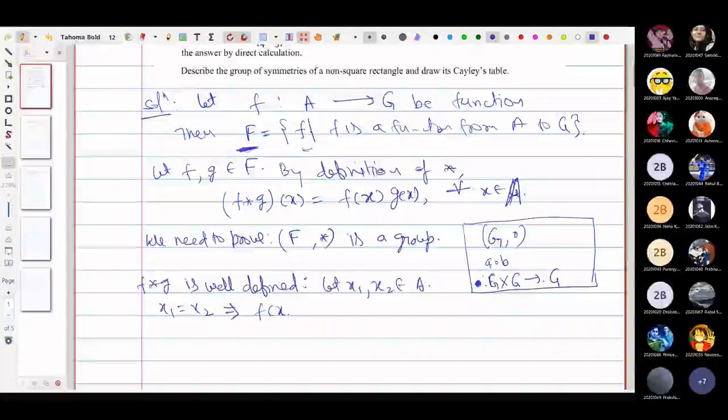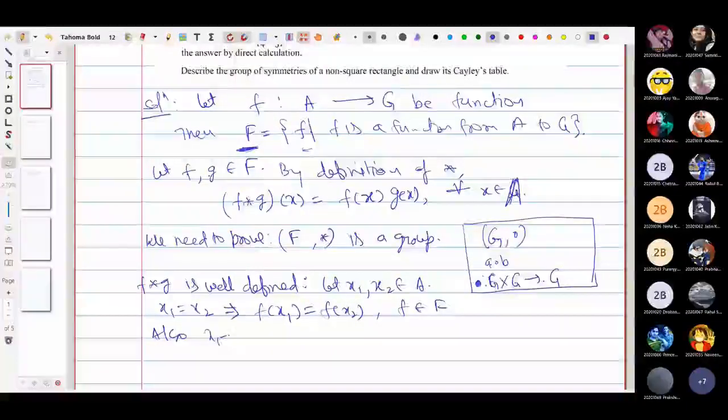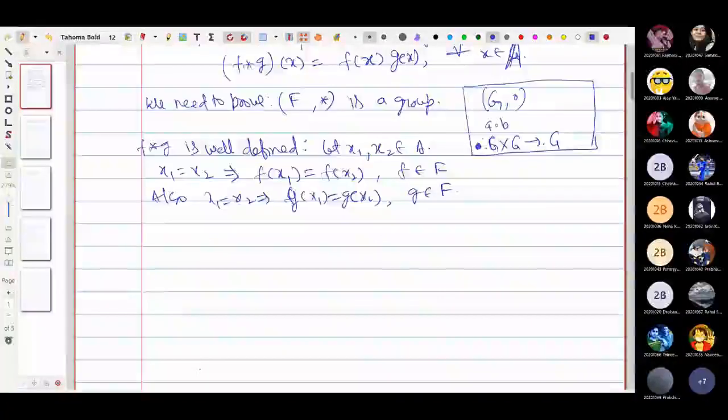So f(x1) equals f(x2). And also here we can write that f belongs to capital F. Also x1 equals x2 would imply that g(x1) equals g(x2), where g belongs to capital F. Then we can multiply them side by side. (f star g)(x1) equals, by definition, f(x1) g(x1).